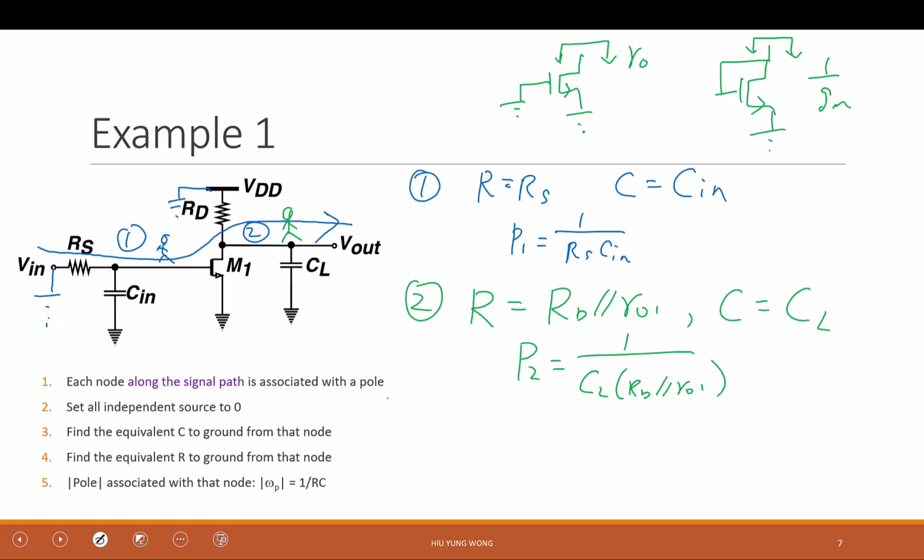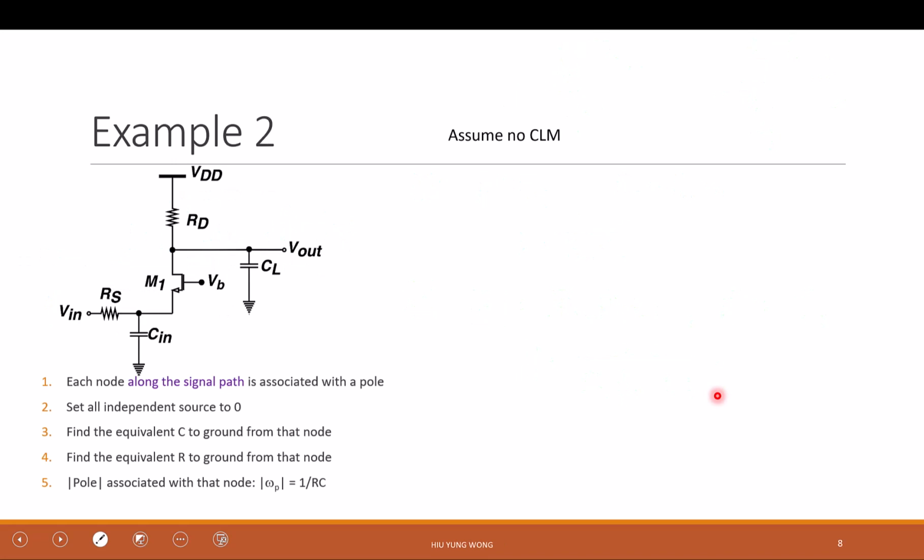Okay, let's look at another example, but this time use no channel length modulation to make it easier. Again, what do we follow? The path from Vin to Vout, very good. And then the second thing, we will ground the independent node. So how many nodes do we have in this case?